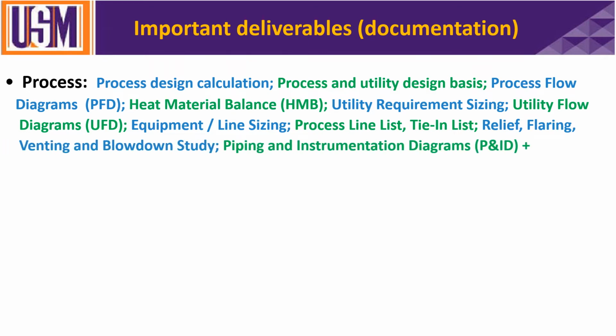Then you have the flaring, the relief, the venting, the blowdown study. For any startup, for any shutdown, you need to show where the relief valves for safety are, where the flaring ports are, where the venting ports are, the blowdown. If you have a boiler, you need to do the blowdown for the boiler, and so on.